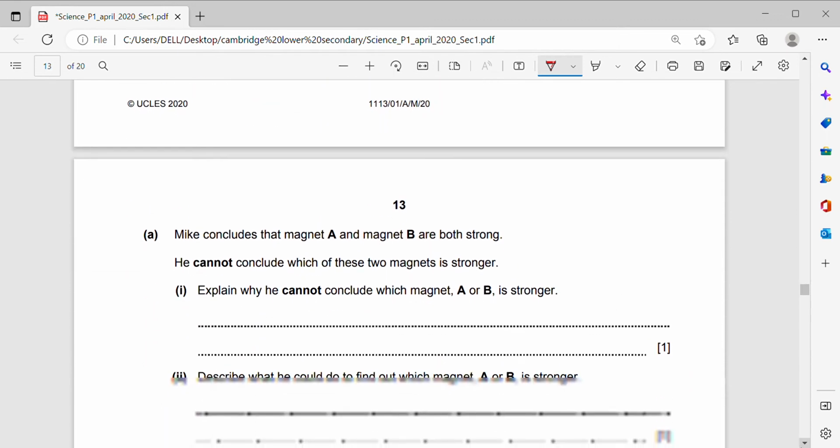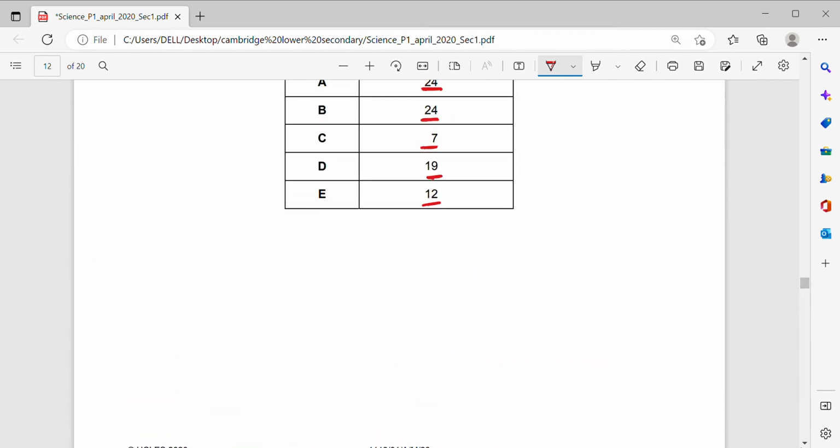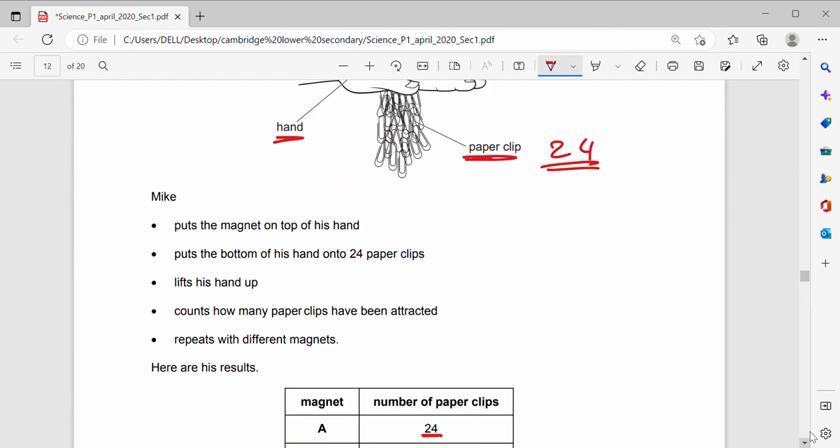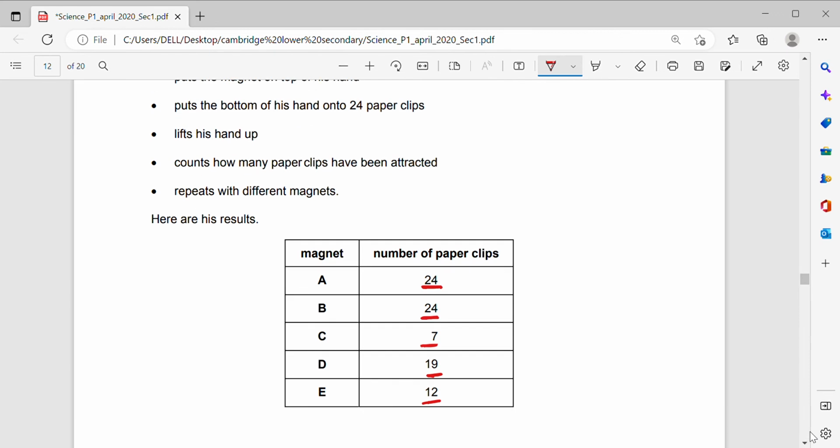What's the question? Mike concludes that magnet A and magnet B are both strong. He cannot conclude which of these magnets is stronger. Why he cannot conclude which one is stronger? علشان هنا actually magnet A and magnet B both picked up 24 paper clips, which was the total number.